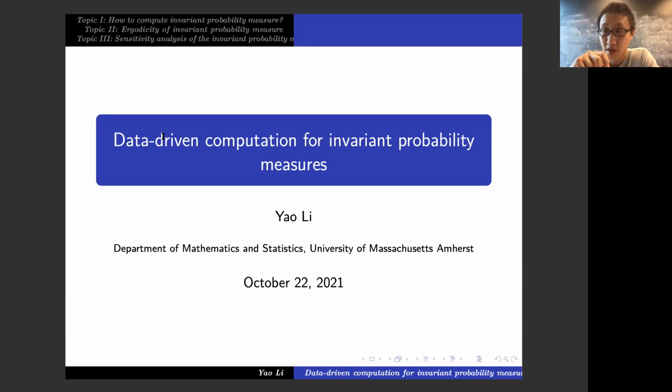And the other is how dynamical systems could help us understand the mechanism of deep learning. There is also something ongoing about that. So today, let's talk about some of the recent results in my group about the data-driven computation for invariant probability measures.